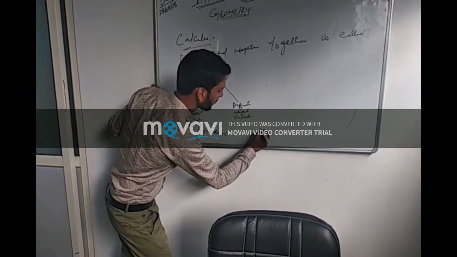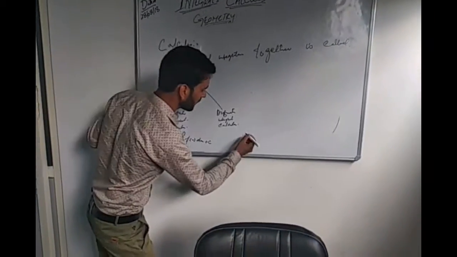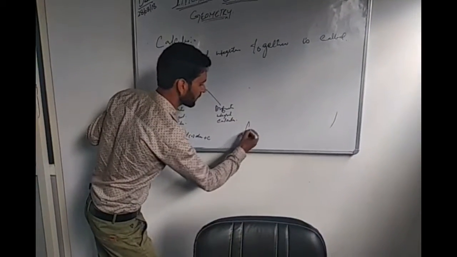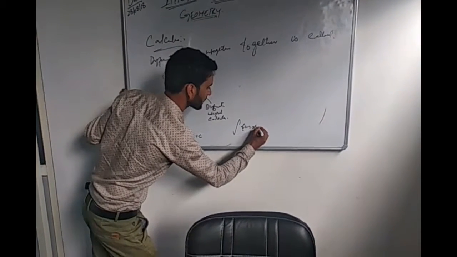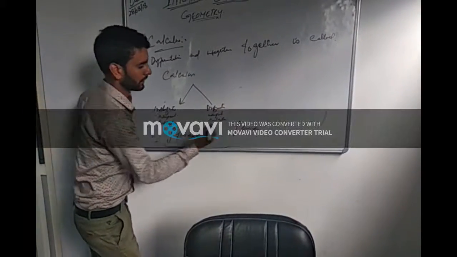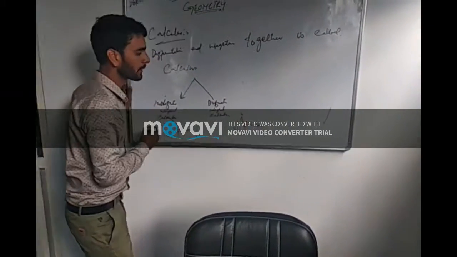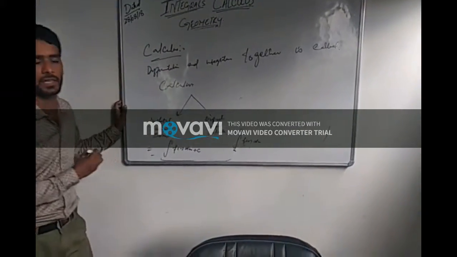If we show the definite integral calculus equation, it will be like this: the integral of f of x dx, and we show the upper limit and the lower limit with the sign. The upper limit is b and the lower limit is a.